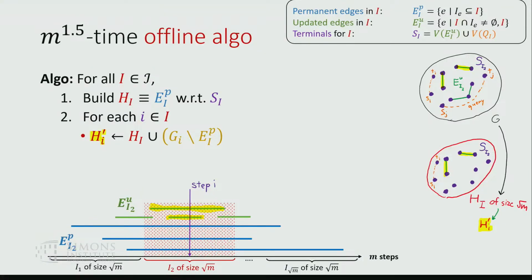I look at an edge in G_i that is not permanent and add it to H_I. So what are the edges in G_i? It's just all edges that intersect with this vertical line. These two are not in G_i, these two I don't care. So I look at the ones that are not permanent. So it's only these two guys, and I add these two guys into H_I and get H_I prime.